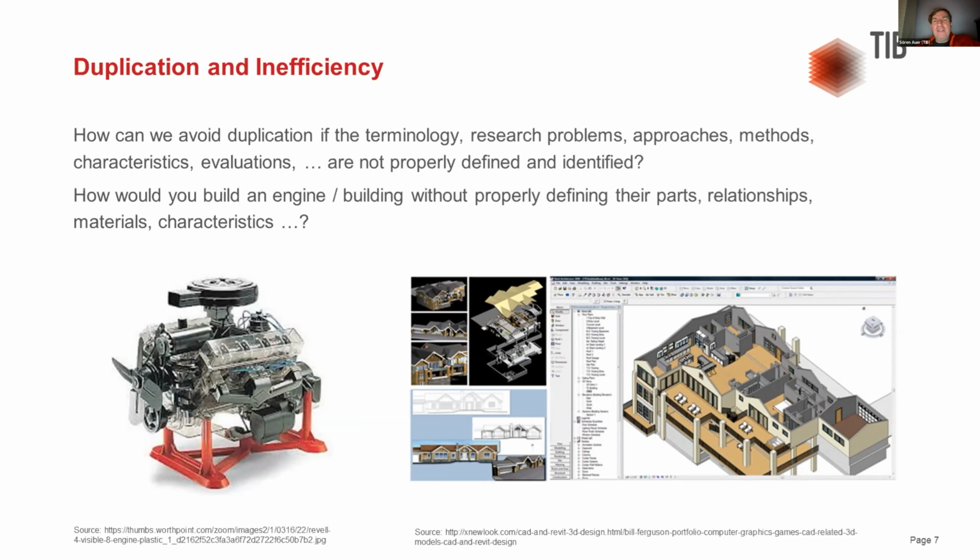They are described in this unstructured text. Every author describes it with his own words, using slightly different definitions and terms, and it's often actually a big mess. If you compare this to other domains, how could you build an engine or a building without properly defining the parts or the relationships, the materials and the characteristics?